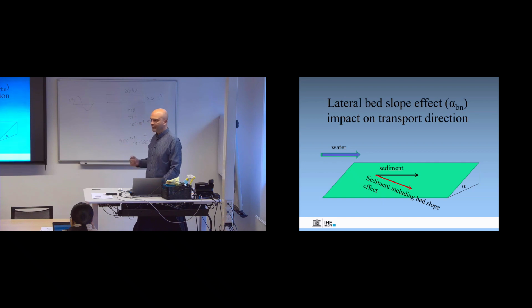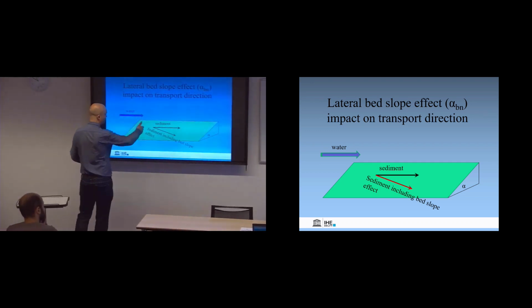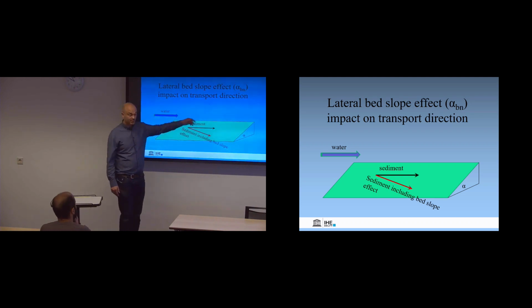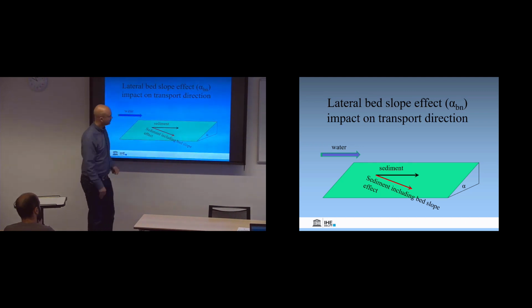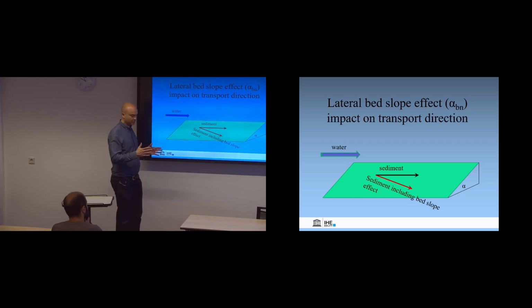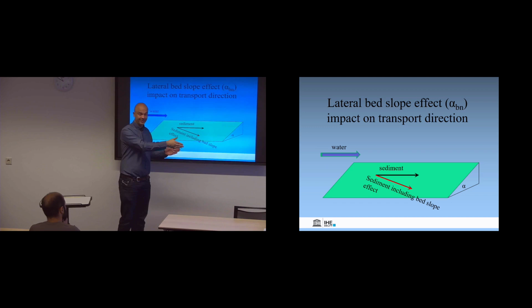Two important effects for morphological people. That's the lateral bed slope effect. You can imagine that if this is a cell, the bed level of that cell is inclined. So it is not flat, it is tilted. And that means if you calculate your sediment transport in that direction, because it's the direction of your flow velocity, something else happens with that sediment, because it falls down the hill.